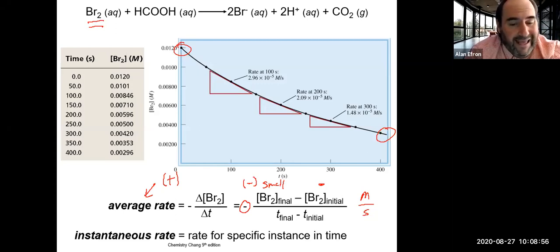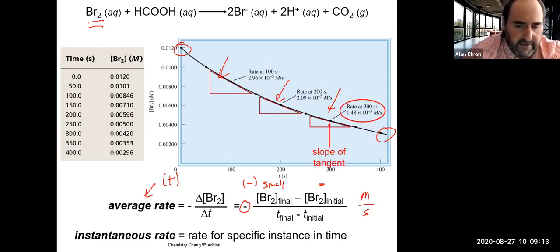We can, again, for a period of time, figure out an instantaneous rate of how you're traveling. And that's really what these triangles are here on this particular graph. Basically, if you take the slope of the tangent of those, you can figure out the instantaneous rate. And as you can see, it's a little bit different in each of those little windows.